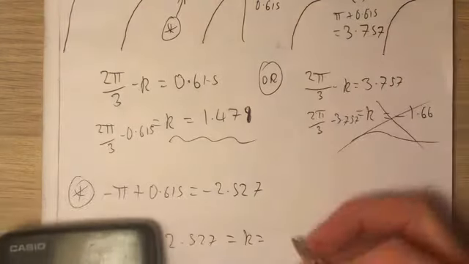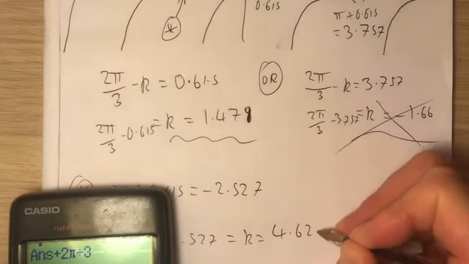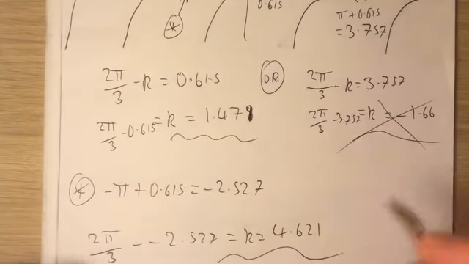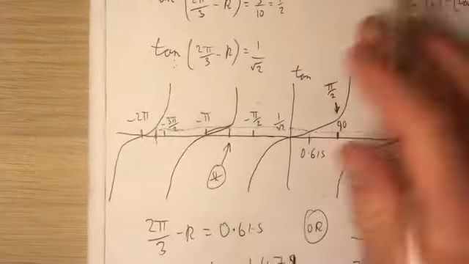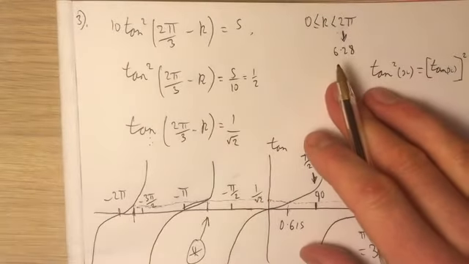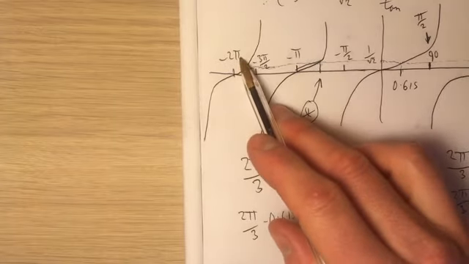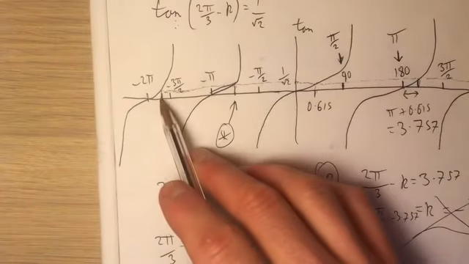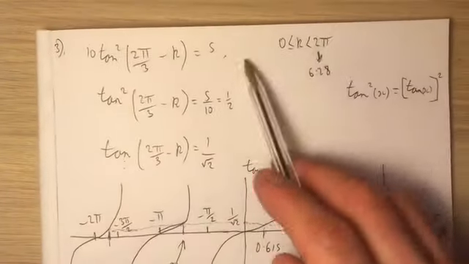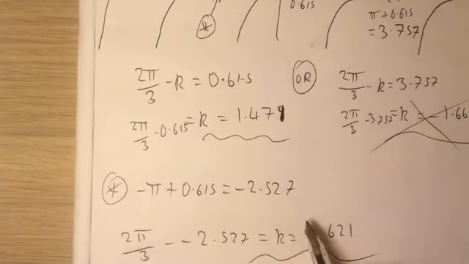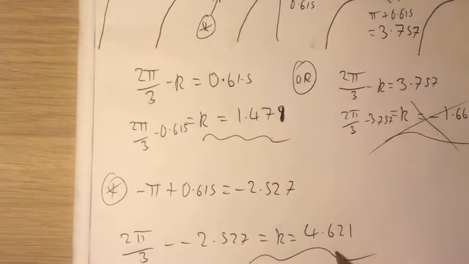And there we go, that's another answer, 4.621. That lives within this zone here. And if you wanted to, for completeness, you could check this one: minus 2 pi plus 0.615, and you'll find, I'm afraid, it's outside of that range. So the key is that you've got two answers, here and here.